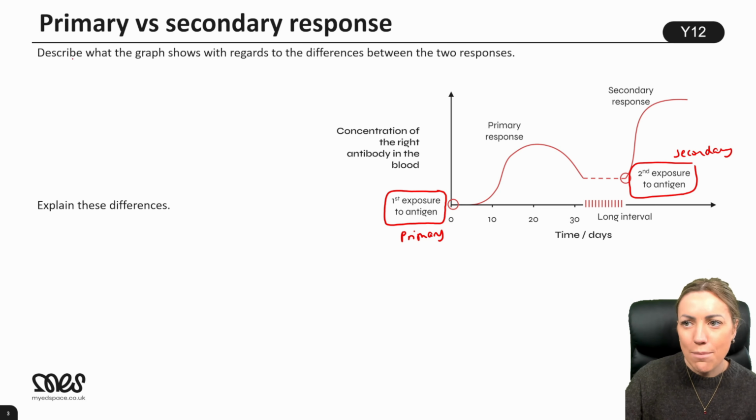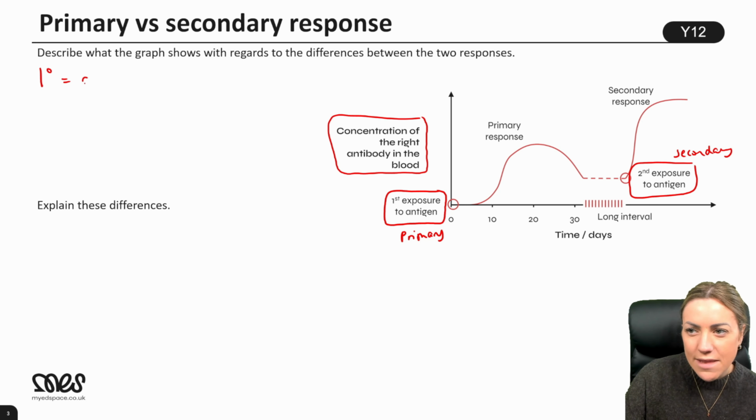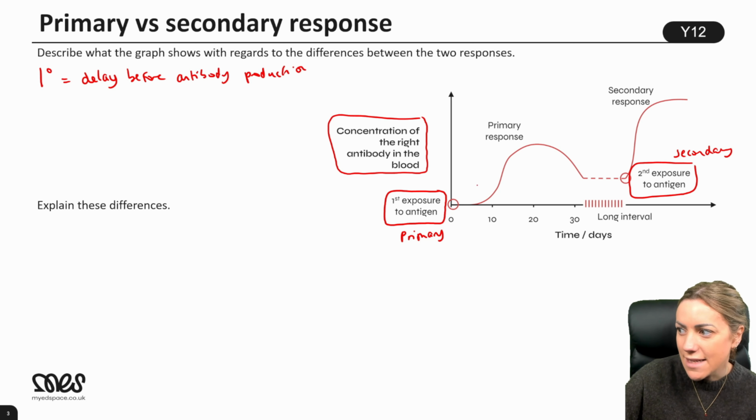So let's start by describing what the graph shows with regards to the differences between the two responses. So we can see on the y-axis, we've got the concentration of the correct or specific antibody in the blood. After the primary response, there is a delay or a lag time before antibody production, which we'll explain in a second. So you can see here, there is a delay of about 6 days before the correct antibody starts to be produced.